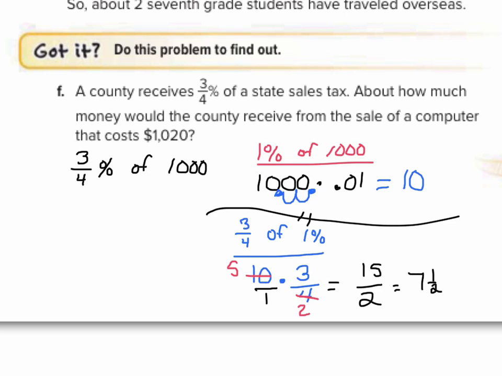And so what does this mean as a decimal? Well, 7.50, which in money terms is $7.50. So a county receives 3/4% of a state sales tax? Well, that amount from $1,200 is about $7.50.